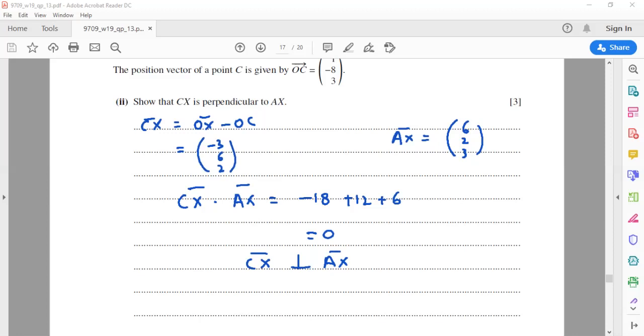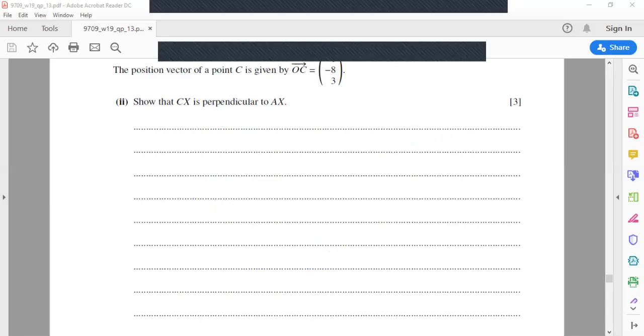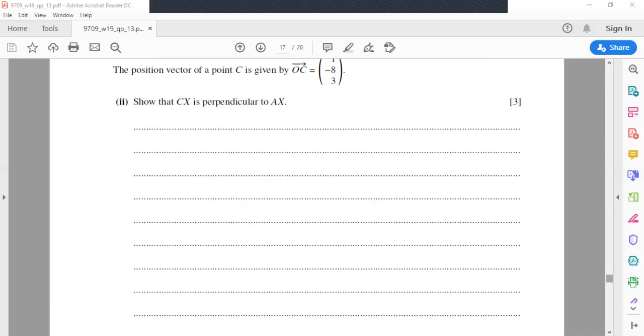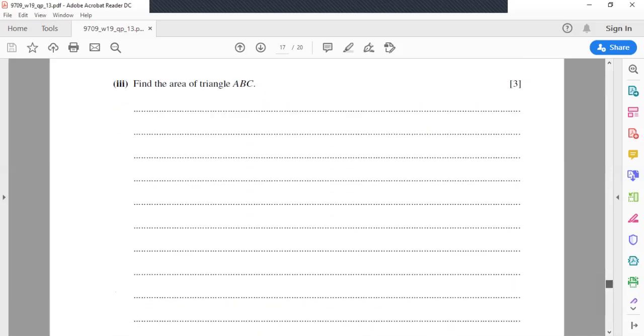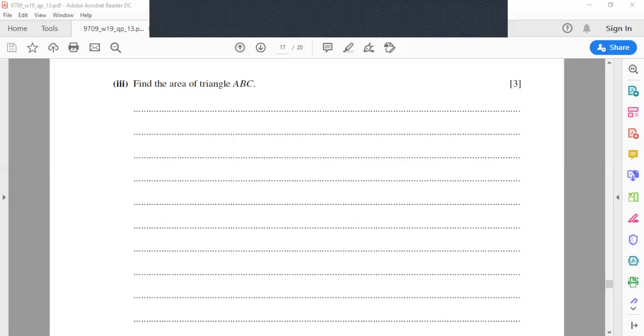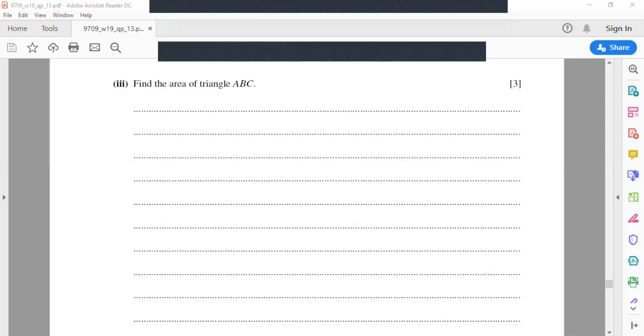Okay, they are asking for the area of the triangle ABC, the three points A, B, and C. Since we have seen already that AX is perpendicular to XC, let's make the triangle a little bit, which may help us.